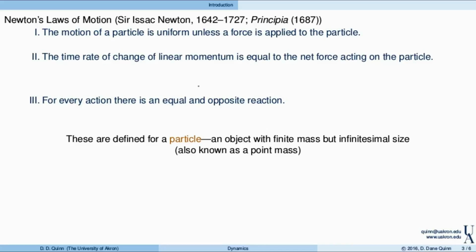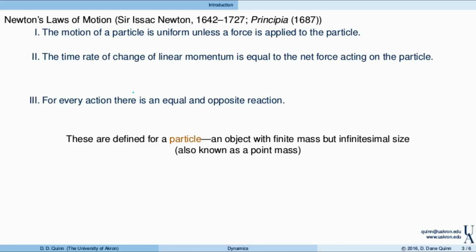So these three laws, written in today's modern language, can be described as the following. Law 1 says the motion of a particle is uniform, which means unchanging, unless a force is applied to that particle. Law 2 is that the time rate change of linear momentum is equal to the net force acting on the particle. And Law 3 is that for every action, there is an equal and opposite reaction.